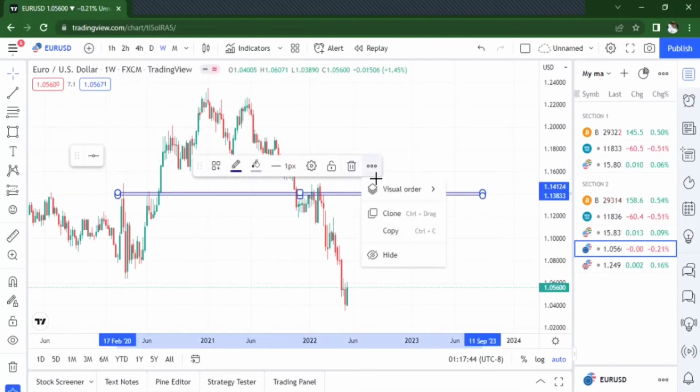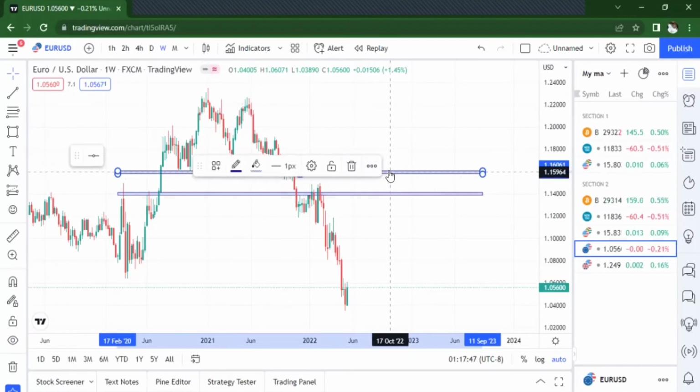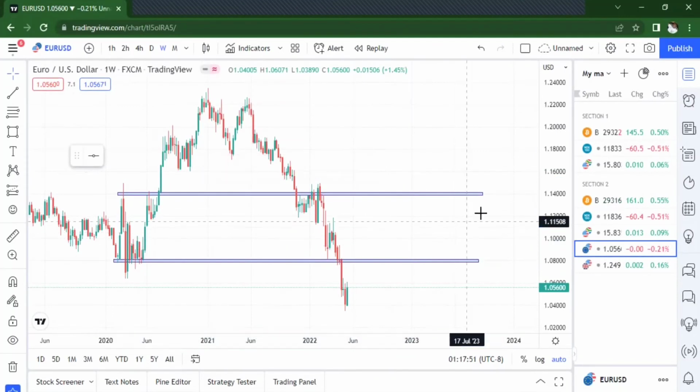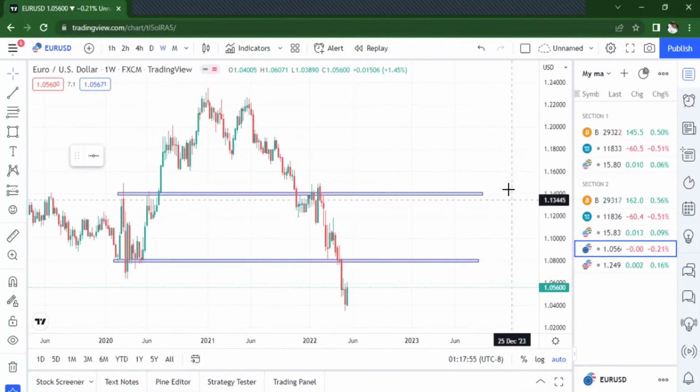By the knowledge of support and resistance. From here to here, 200, 400, 600, 600 pips moves to the downside, trading Euro USD.